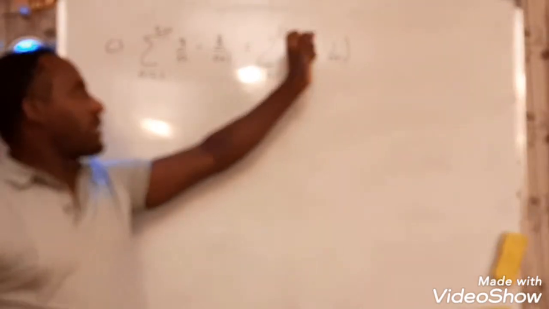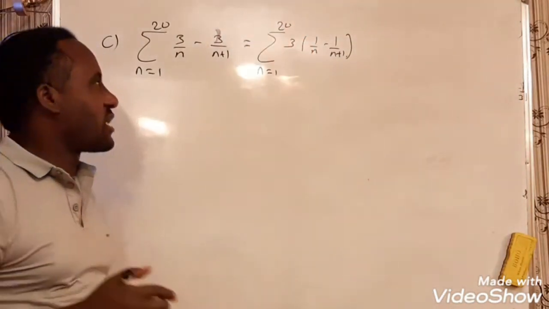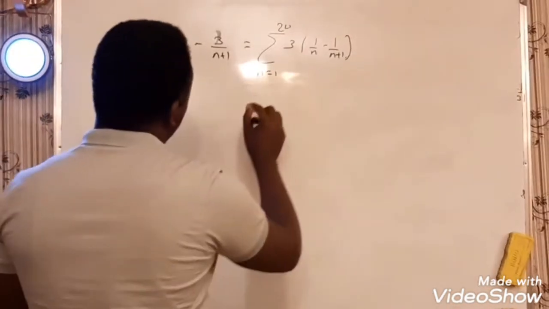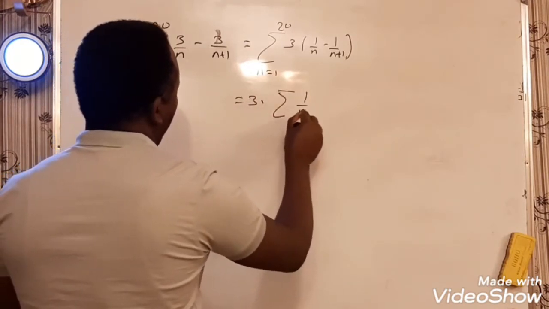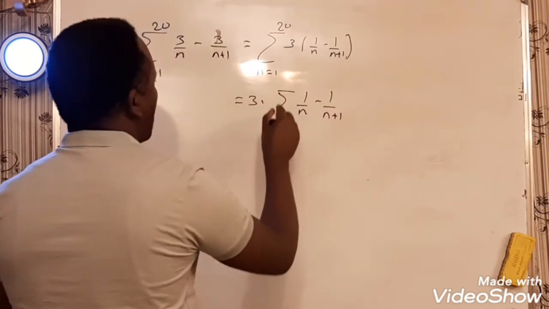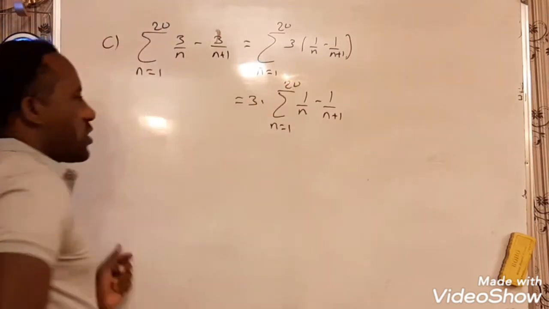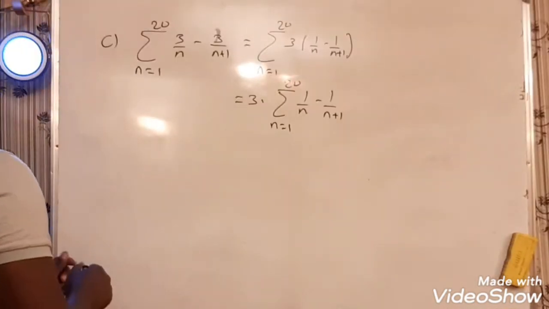As I told you before, since a constant is independent of the sigma notation, it is always given by 3 times the summation of 1 over n minus 1 over n plus 1, n running from 1 to 20. So now look, as you see in this example, you have already this one.